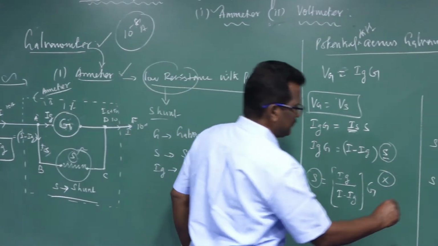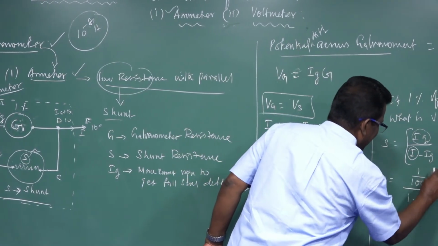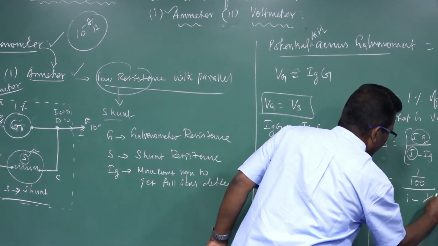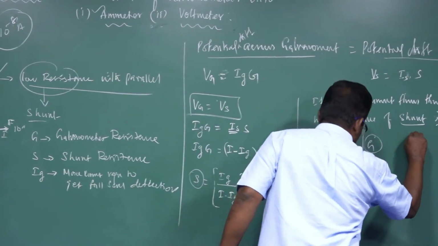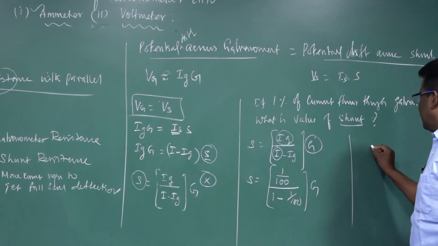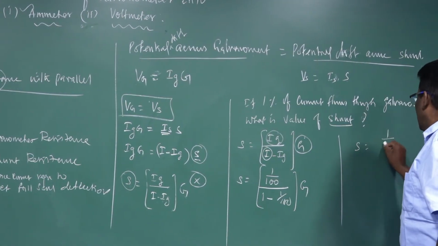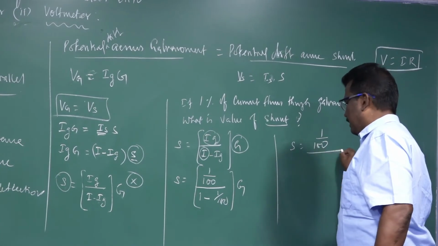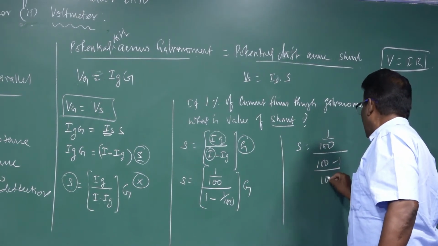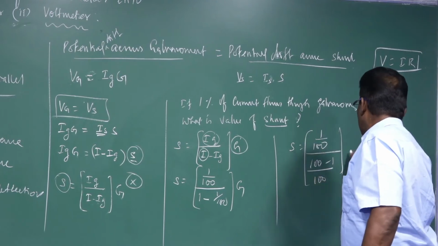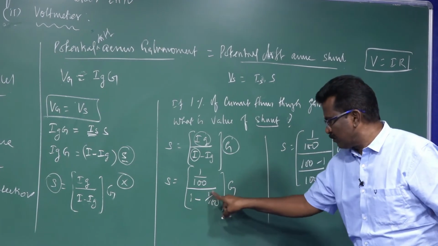That's the one part. 1 minus again Ig, 1 by 100, into G. So S is equal to 1 by 100 divided by 100 minus 1 by 100, into G.